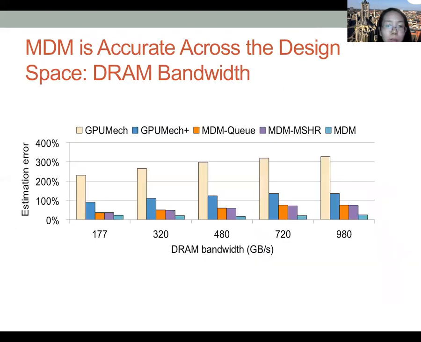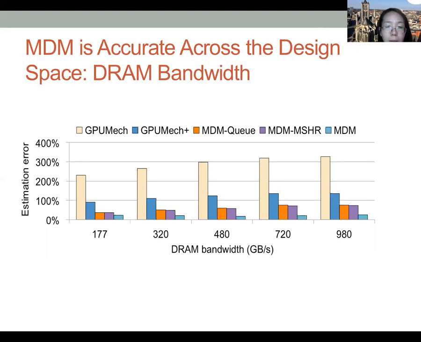Now, we report model accuracy across DRAM bandwidth configurations. GPU-Mech's prediction error increases with DRAM bandwidth. Increasing DRAM bandwidth puts increased pressure on NOC bandwidth, which GPU-Mech does not model. GPU-Mech Plus models the NOC queuing delay and the corresponding L1 miss-stall cycles, which significantly decreases the prediction error.